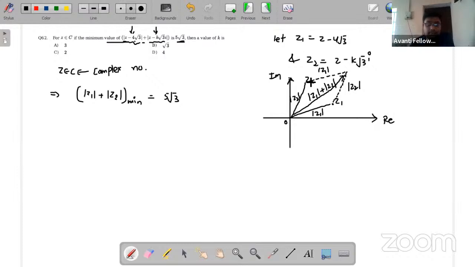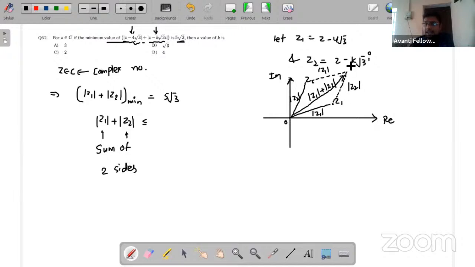Sorry, we can say that modulus of Z1 plus modulus of Z2 is always, let's say modulus of Z1 to be one side, modulus of Z2 to be the second side. Then this is the sum of two sides. Clear?